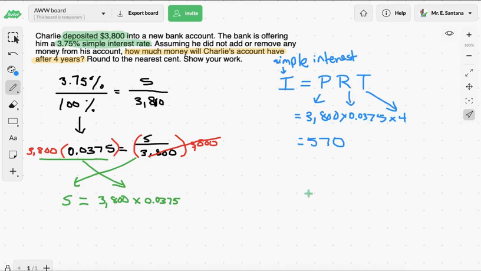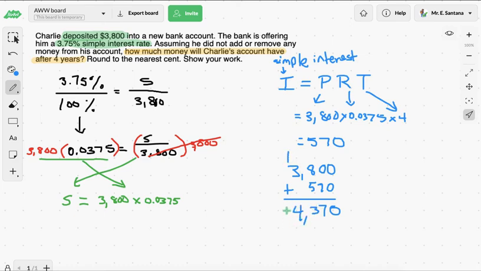That is not how much is in the account though. Because we originally deposited 3,800, we have to add the interest to this, which was earned. This is additional to the amount that you put in. So what you get is 0, 7, 3, carry the 1.